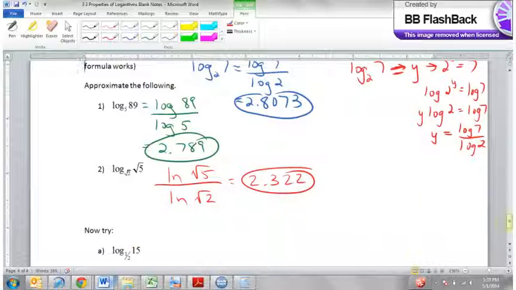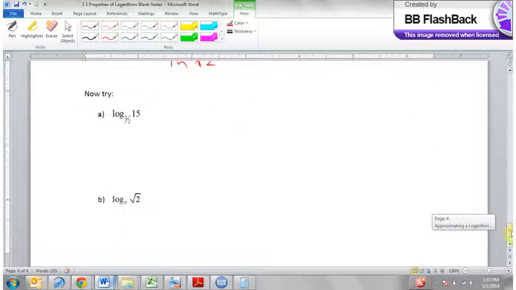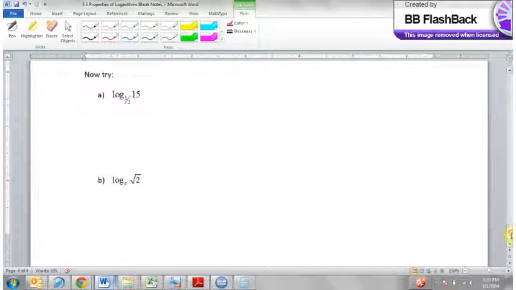Okay, so let's see how we did on this one. So, for this one, you should have gotten log, and you could have done natural log of 15 over log of 1/2.